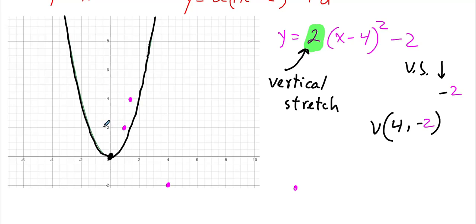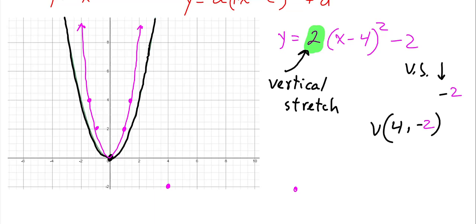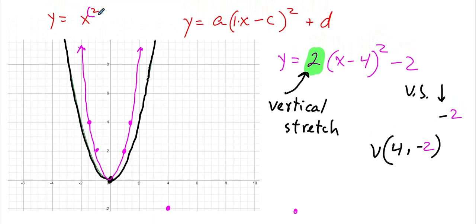What this is going to look like is a parabola. So I'm going to do a couple of more points, but I'm not going to do too many. It's a little bit of a hassle. What it does, it's a much faster rising parabola. It is still, the general shape is it is a quadratic, because I didn't change the degree of it. It's still squared.